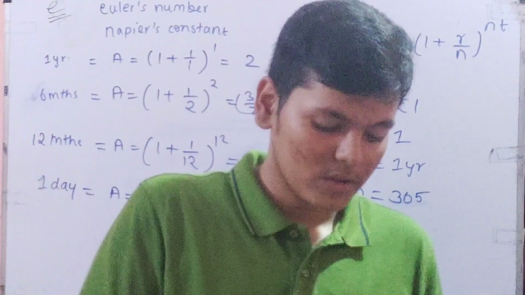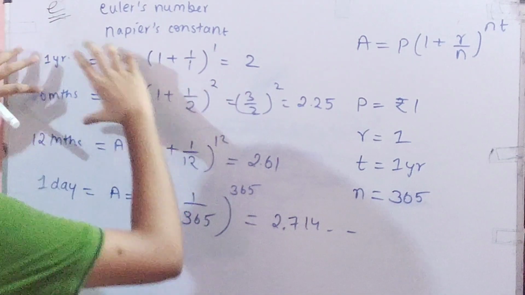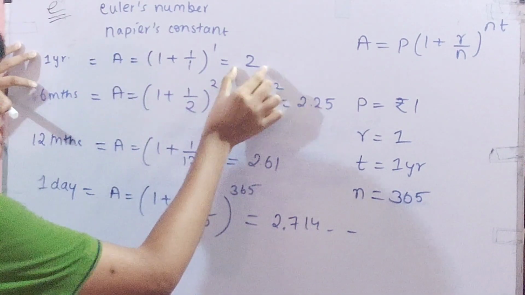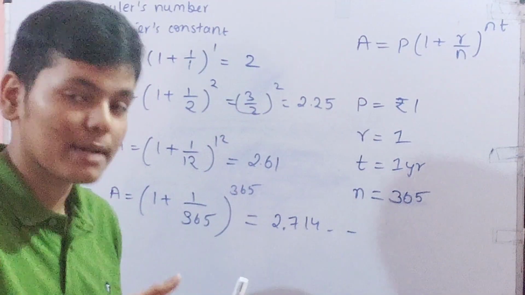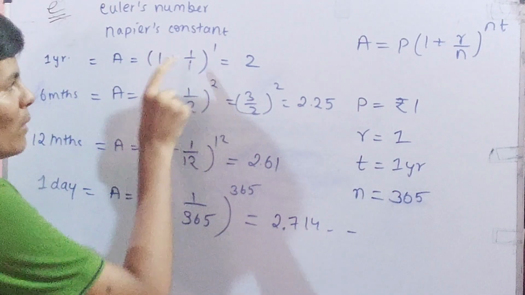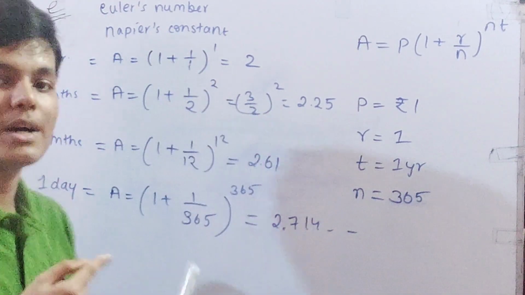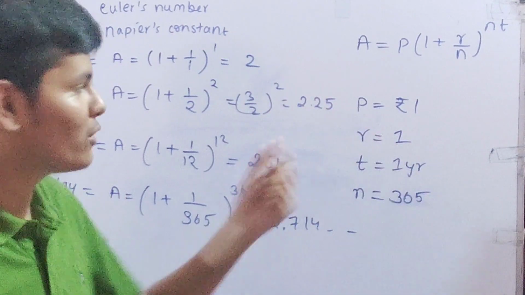Now till here, what did we understand? If you take just these two examples, here we have 2 and here we have 2.25. When we increase the number of times it is compounded, from once per year to twice per year, we get an increased gain of 0.25.